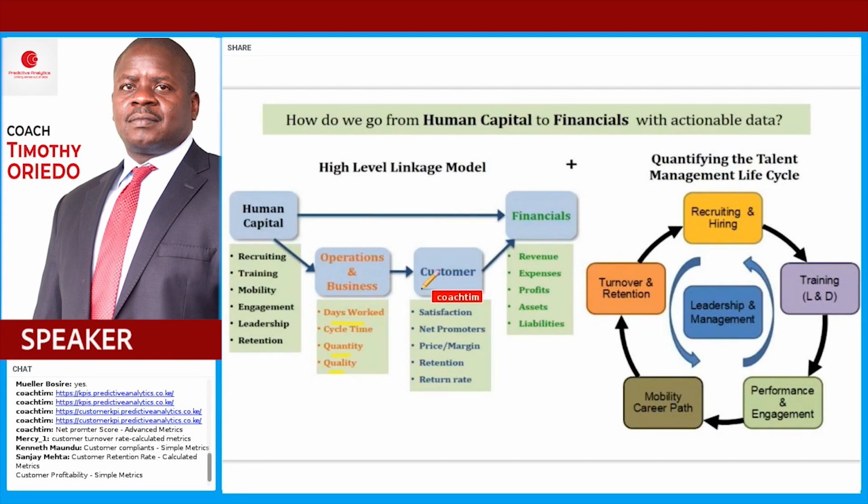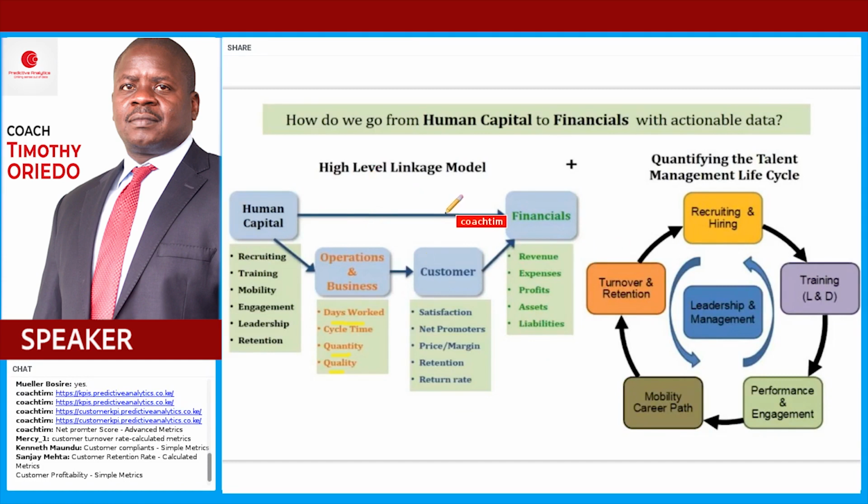When you move to the customer, what do you measure under the customer? You measure things like satisfaction, you've got a net promoter score, you've got price per margin, retention, and return rate of products. When you revisit these other links that I shared, those are the metrics that come under these pillars. For financials, you measure the revenue, expenses, the profits, the assets and liabilities.